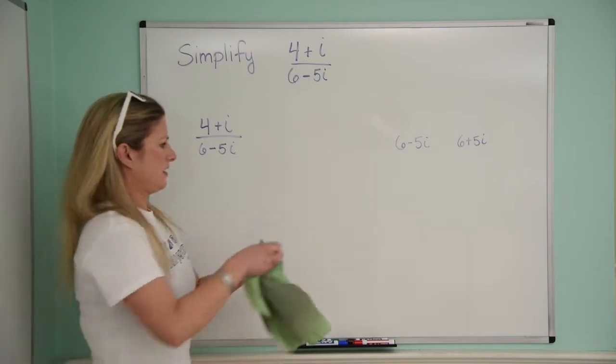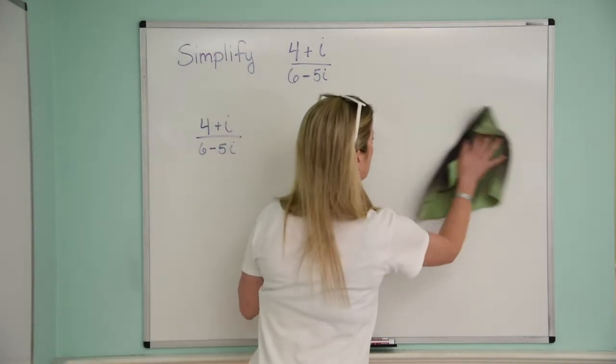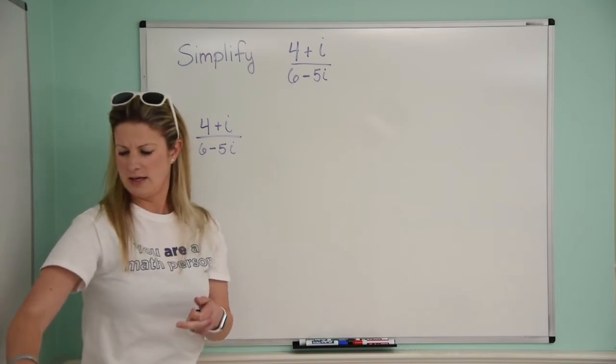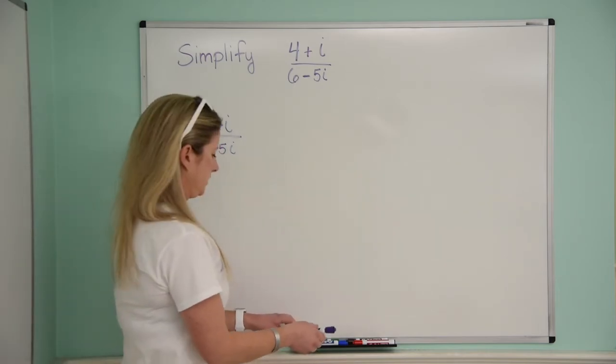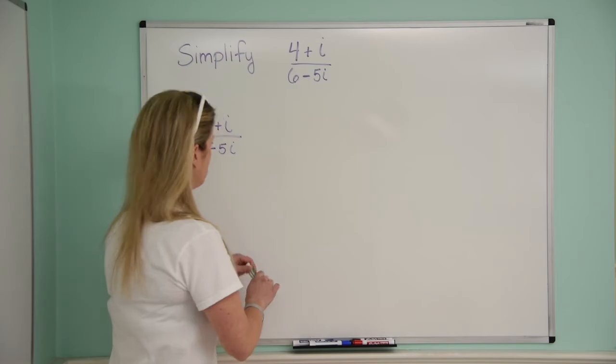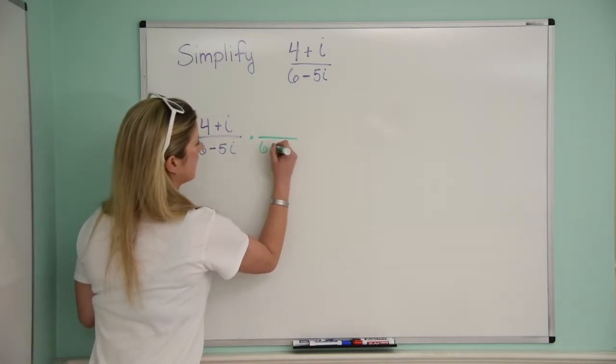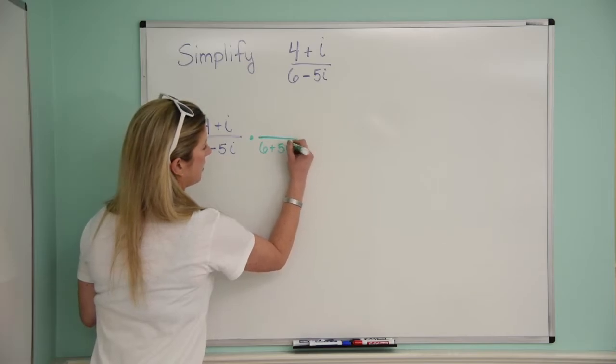So let me just erase that because I'm going to need that part of the board. Okay, so if we want to get rid of the i in the denominator, let's do green, it's a good contrast there. We are going to multiply by 6 + 5i, all right?